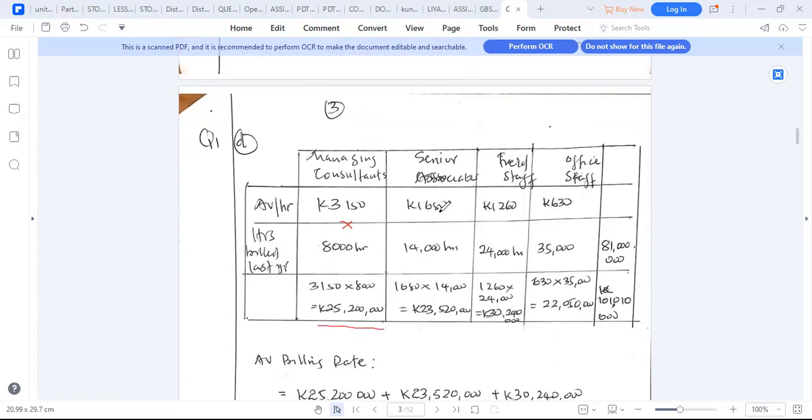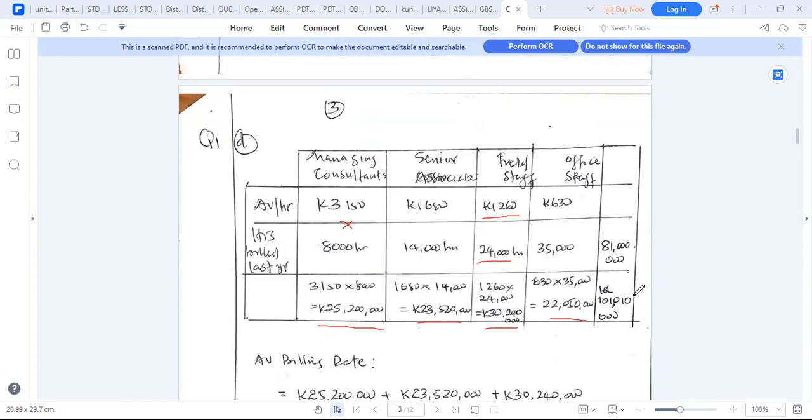Senior consultants, 1,650 for about 14,000 hours, and the total is 23 million. Field staff 1,260 and take 24,000, and the total is 30,000. And office staff 630 and take 35,000, and the total is 22,000.